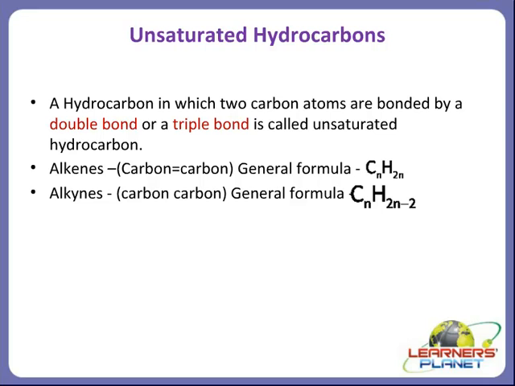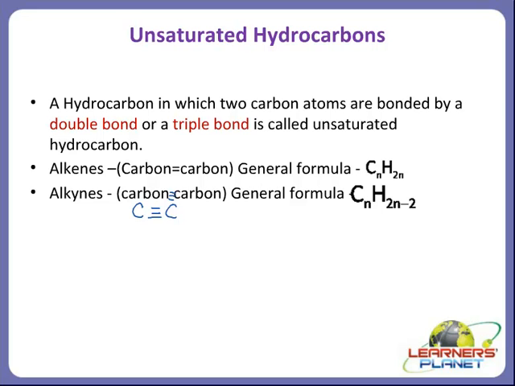Alkynes. What are alkynes, students? It is carbon triple bonded to carbon. That is, there are 3 bonds between 2 carbon atoms, and the general formula is CnH2n-2.